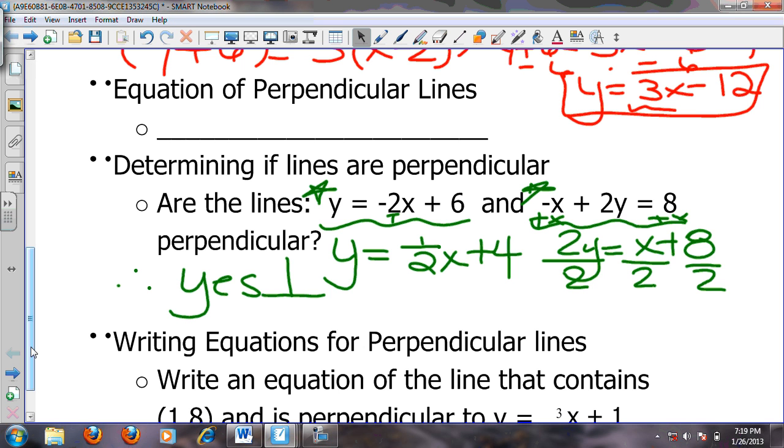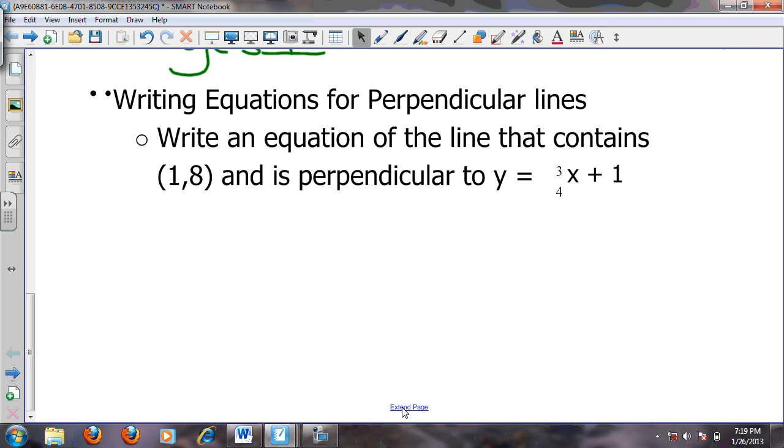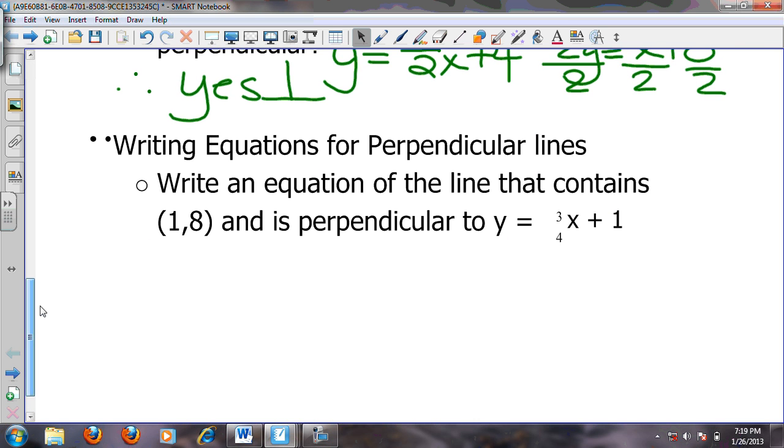Last little tidbit. Writing equations for perpendicular lines. Okay? What if I have a line with the slope of 3/4, y equals 3/4 x plus 1? I want a perpendicular line with this point, 1, 8.